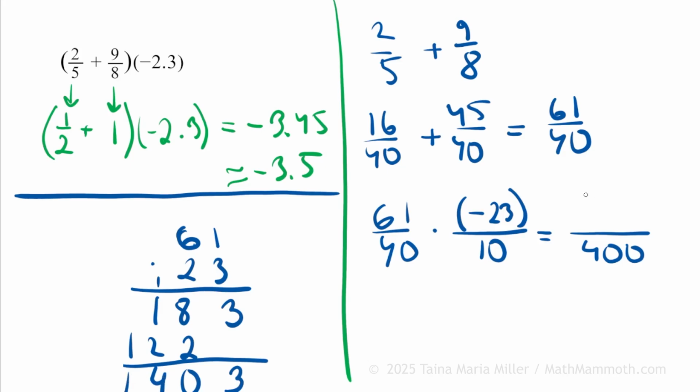All right, so we have 1403 over 400. One more thing, it's negative, so negative 1403 over 400.